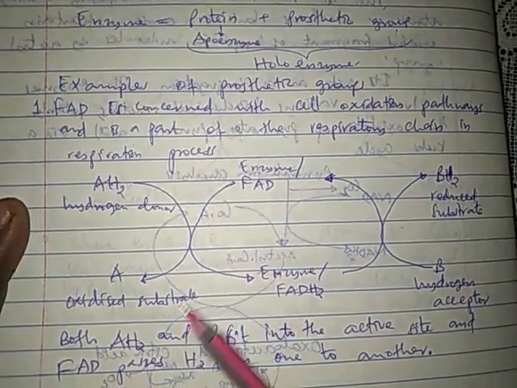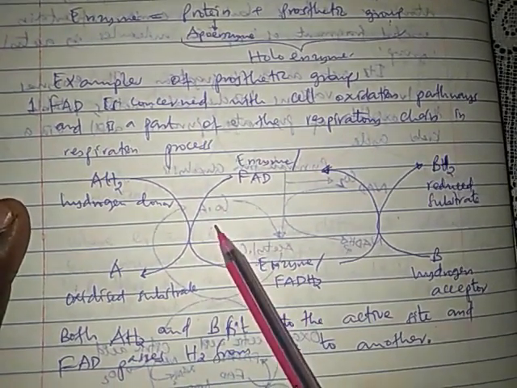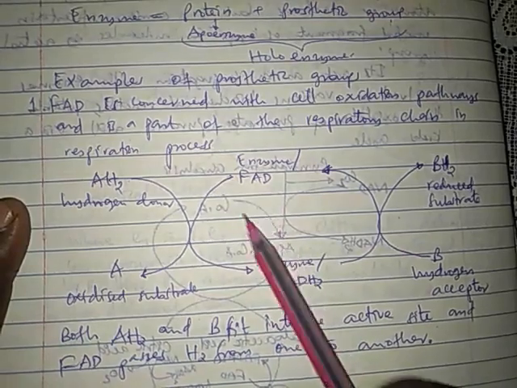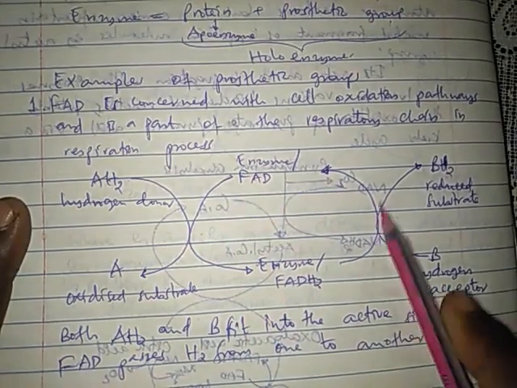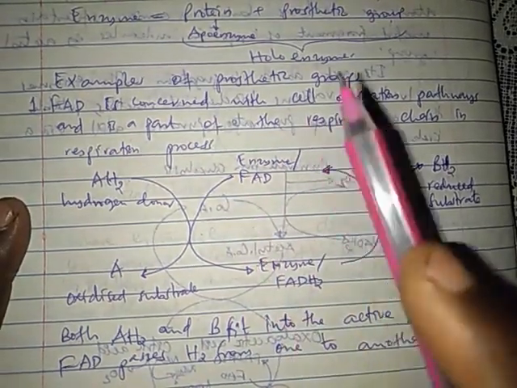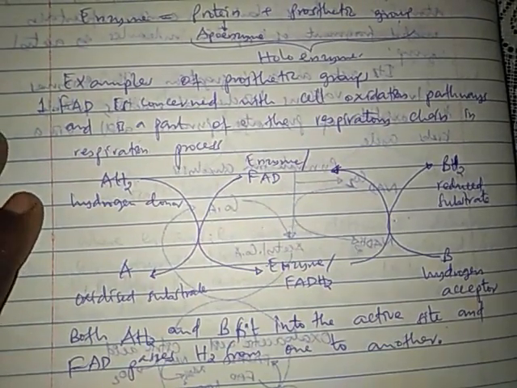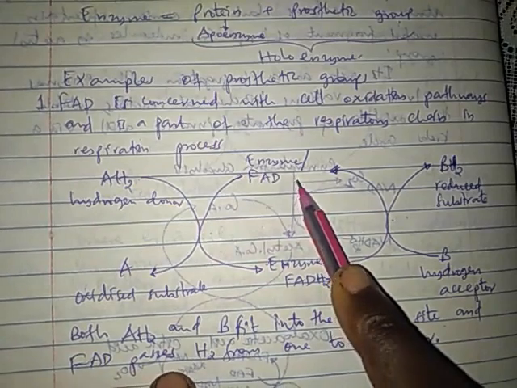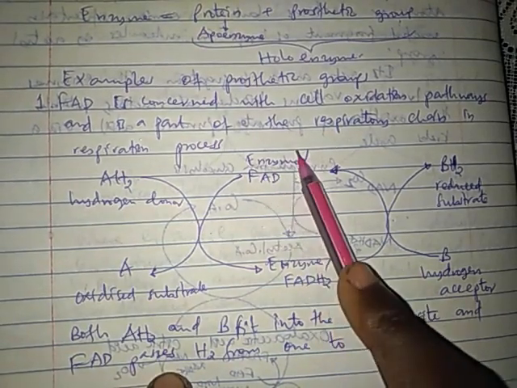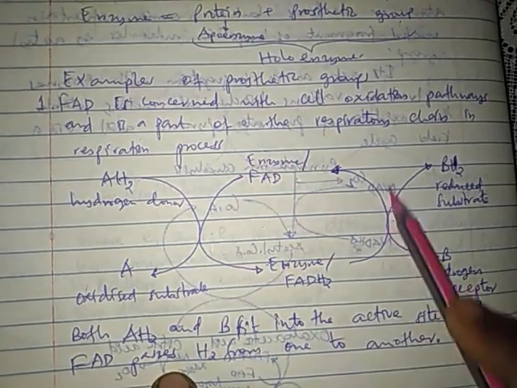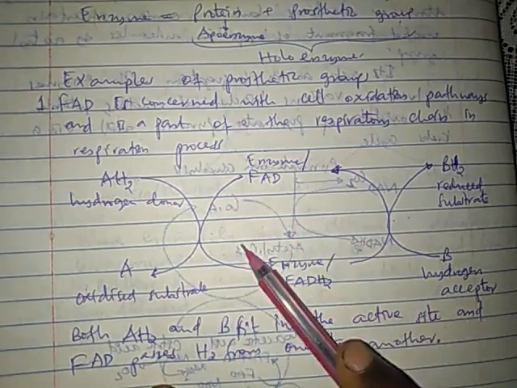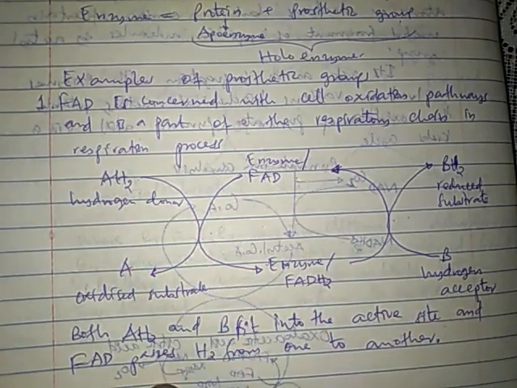But for example, if this reaction could be catalyzed by NAD, it could require two different enzymes, E1 and E2. But because the reaction is catalyzed by the enzyme and the cofactor which is involved is FAD, which is prosthetic group, now FAD has already bound to the enzyme. Only a single enzyme catalyzes the process of transfer of hydrogen from A to B.